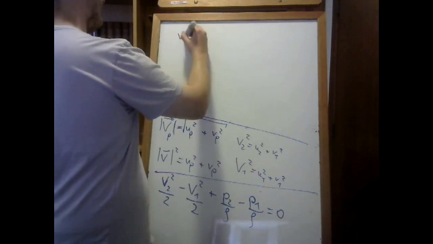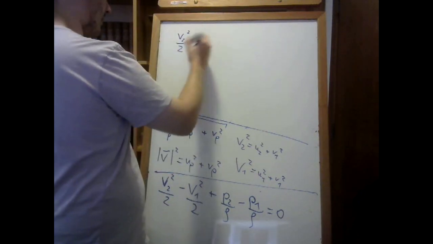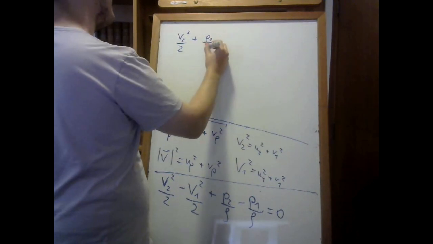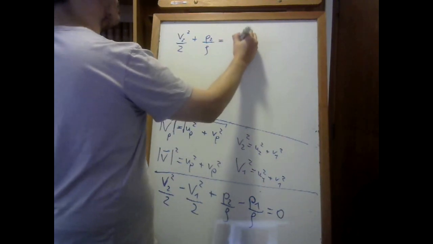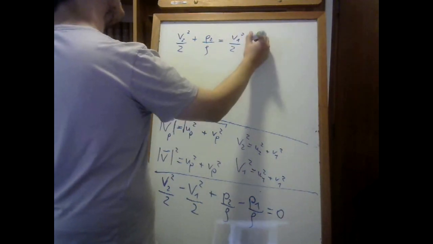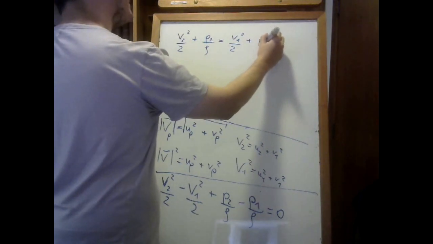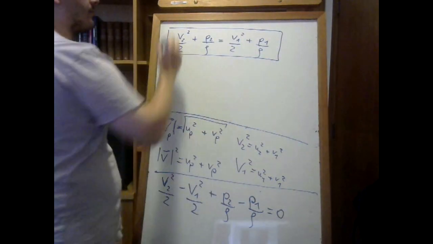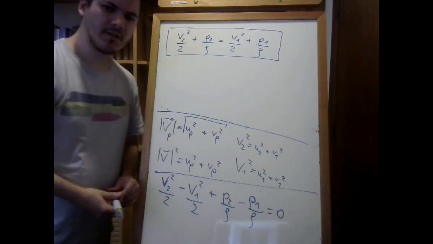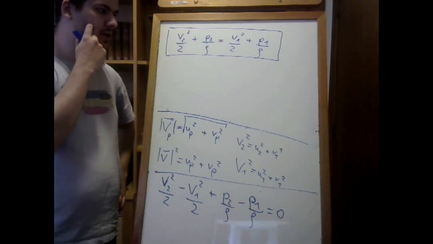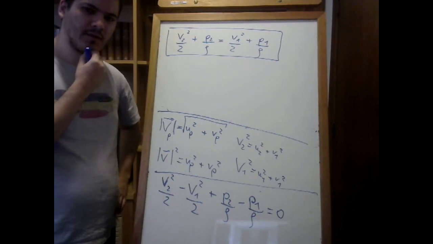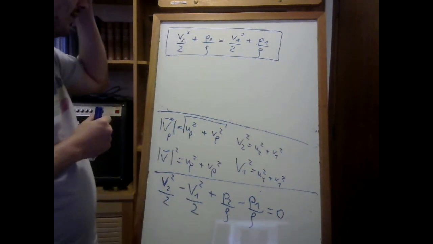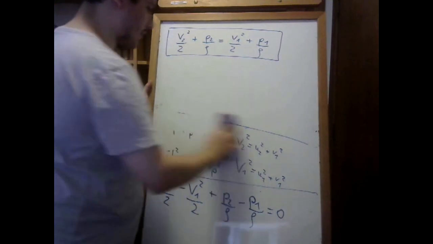Here, U2 squared divided by 2 plus ... Okay. So if we included the gravity term, what we will obtain is the following.